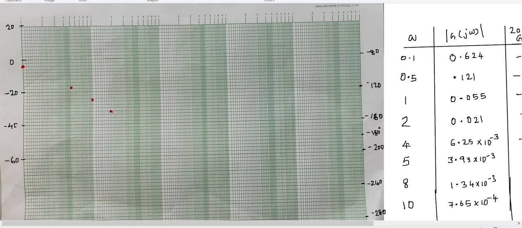When omega is 4, the gain is minus 44. And when omega is 5, the gain is minus 48.